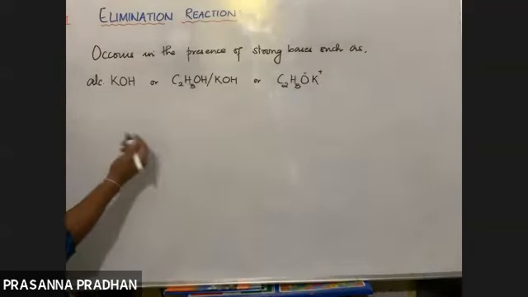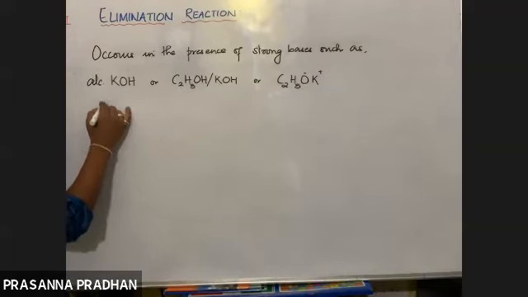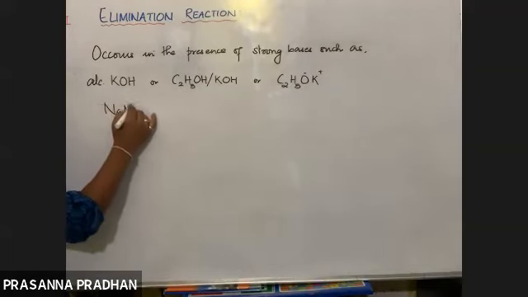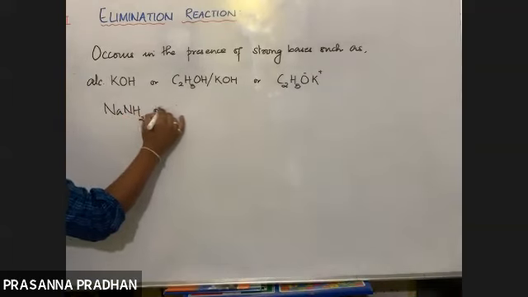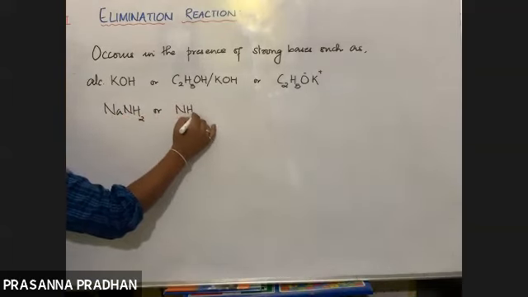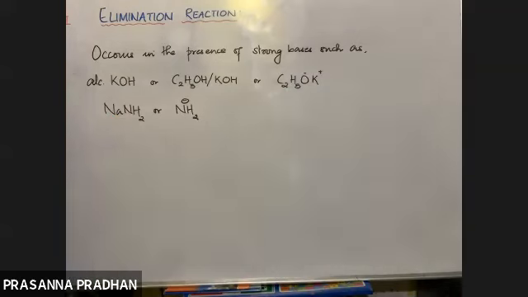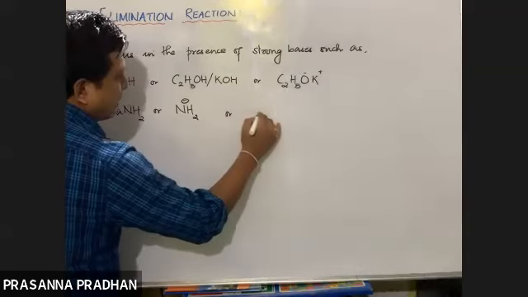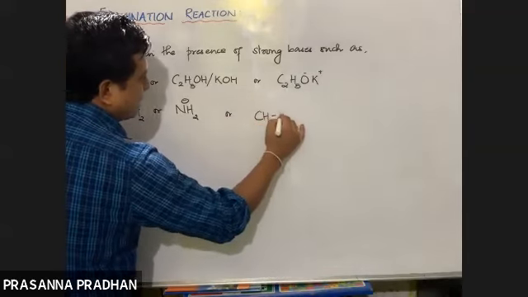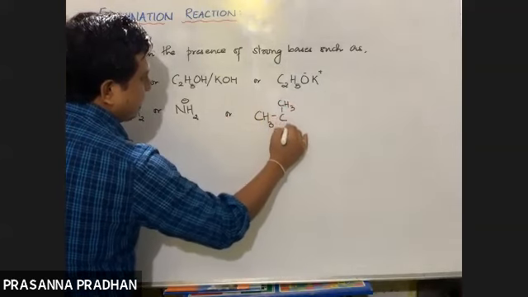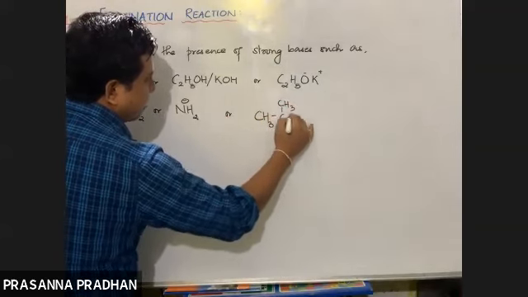Okay. So what are the other strong bases? Say amide or sodamide, or instead of this, just the NH2 part might be given. These are very strong bases. CH3, CH3, O negative.